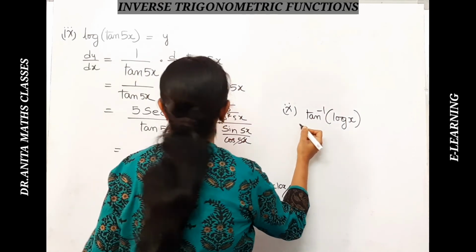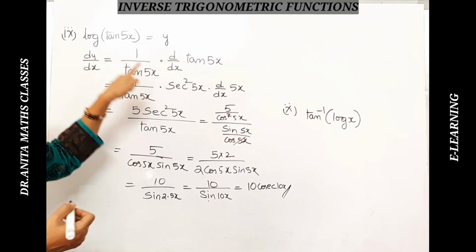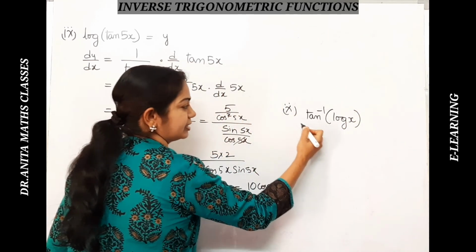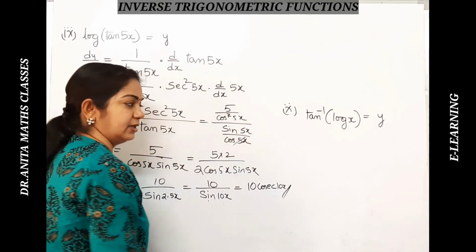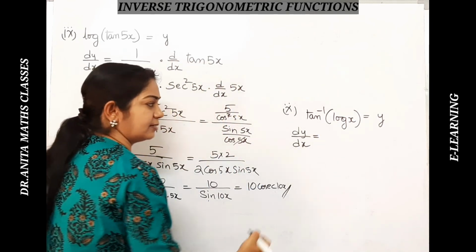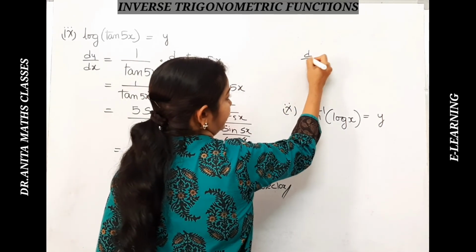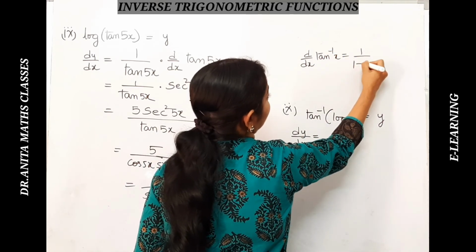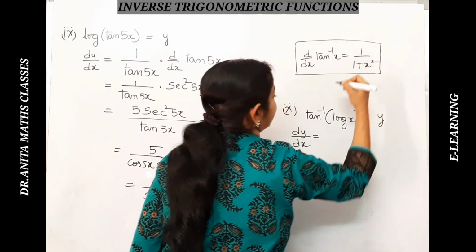Now moving on to the 10th problem. Actually the previous problem is not involving inverse trigonometric functions, but it is there in the exercise. Now the 10th problem has the inverse trigonometric function. Let me suppose this as y. Differentiating with respect to x, we know the derivative of tan inverse x equals 1 upon 1 plus x square, where the domain lies on the real line.